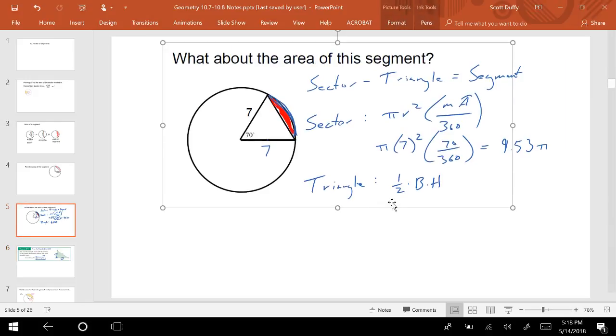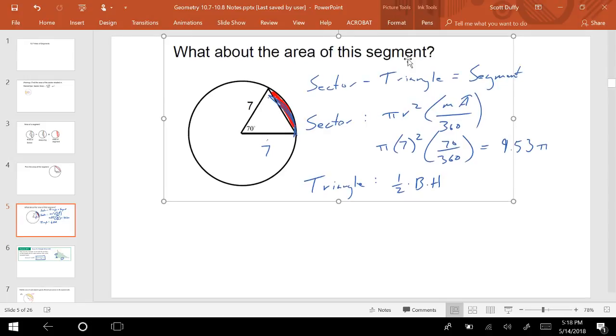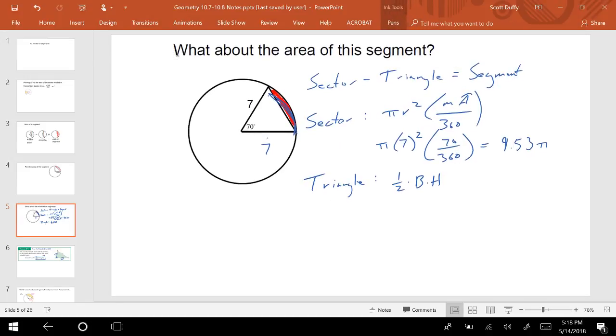We're going to use 1/2 times side 1, instead of B and C, you can just call it side 1, side 2, times the sine of the angle.